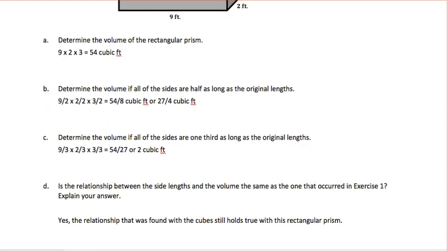And so yes, the relationship that was found with the cubes still holds true with this rectangular prism.